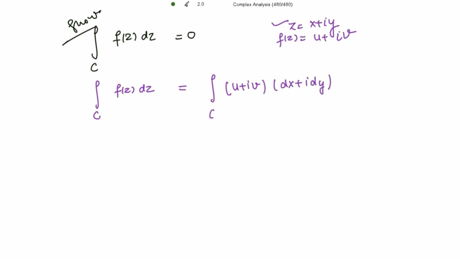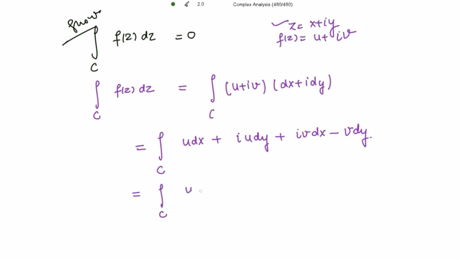Very fine. Alright. So further, just open this bracket. We get u dx plus iota u dy plus iota v dx minus v dy.